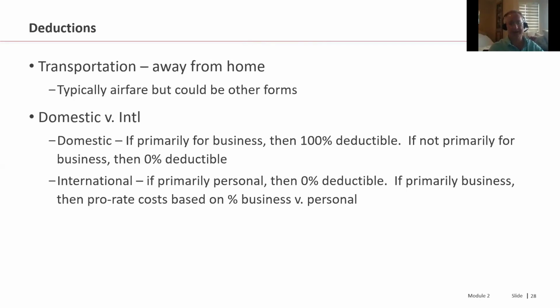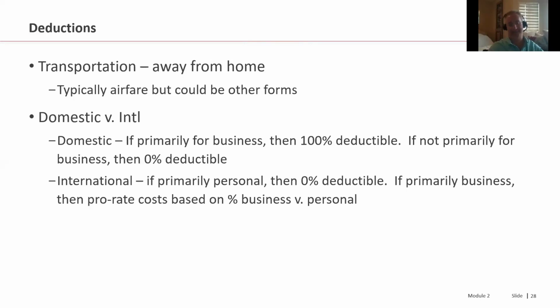If it's primarily for business, so it's more than 50% business, now I have to prorate the cost of that airfare based on the percent business versus the percent personal use. So again, if I went for 10 days and 7 of it was business and 3 of it was personal for sightseeing or whatever, then 70% of the airfare is deductible, 30% is non-deductible personal costs.